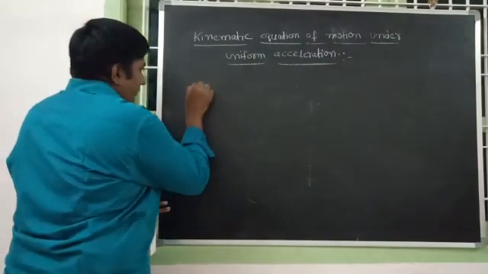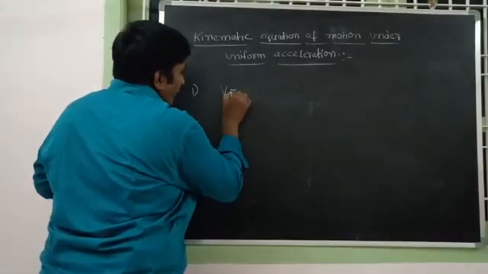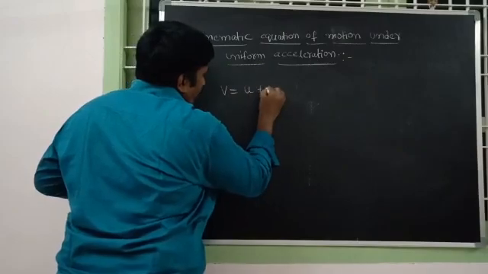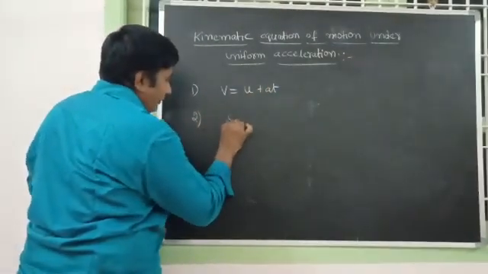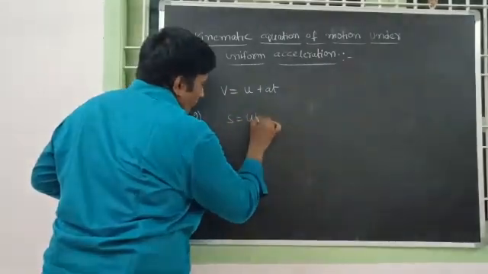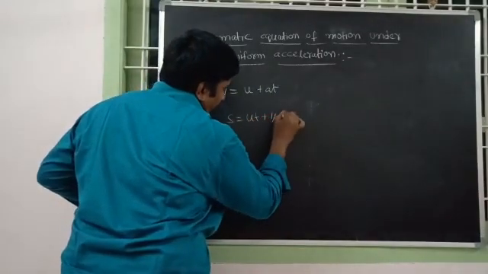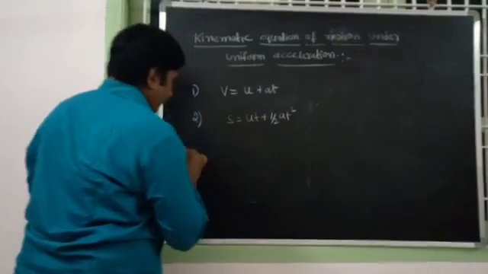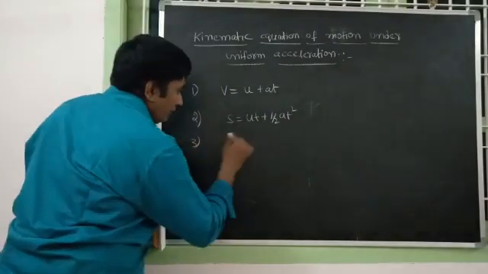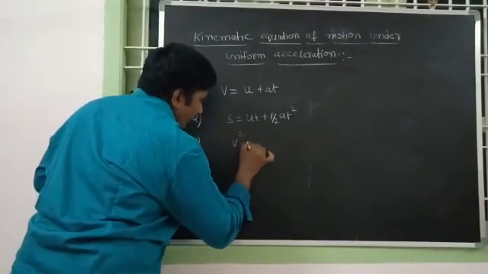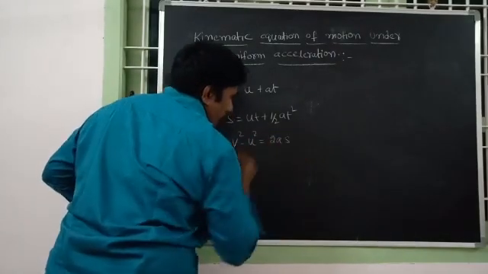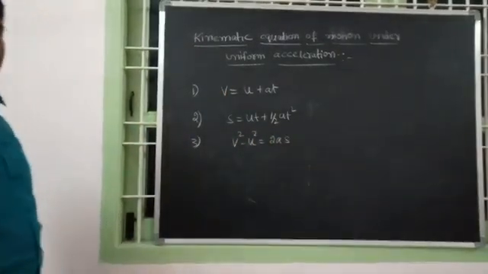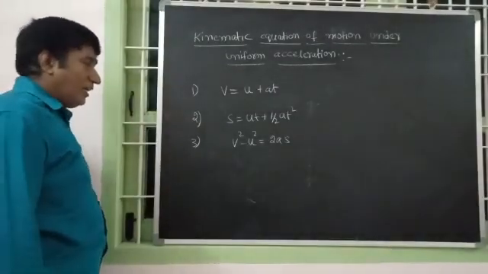The first one is v is equal to u plus at. The second one is s is equal to ut plus half at square. And the third one is v square minus u square is equal to 2as. These are the three kinematic equations which we studied in class 9.